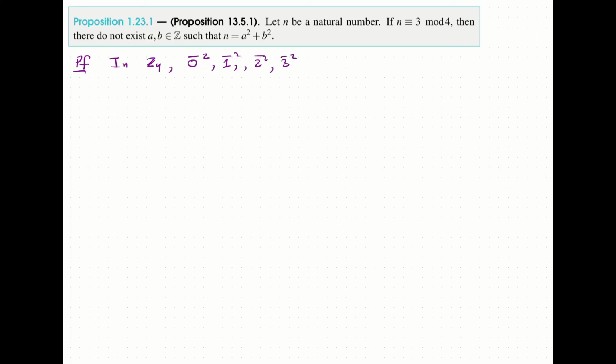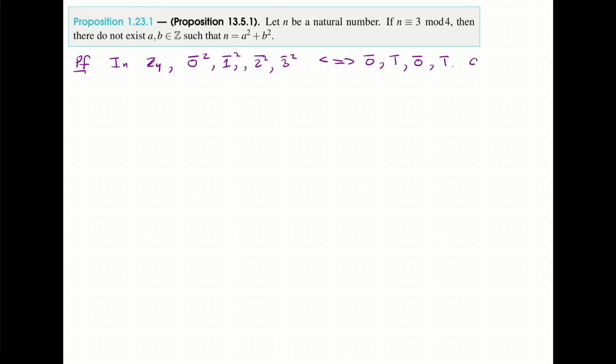That exhausts our squares modulo 4, and that's the same as 0, 1, but 2 squared is 4, which is going to be 0, and 3 squared is 9, which modulo 4 is going to be 1.